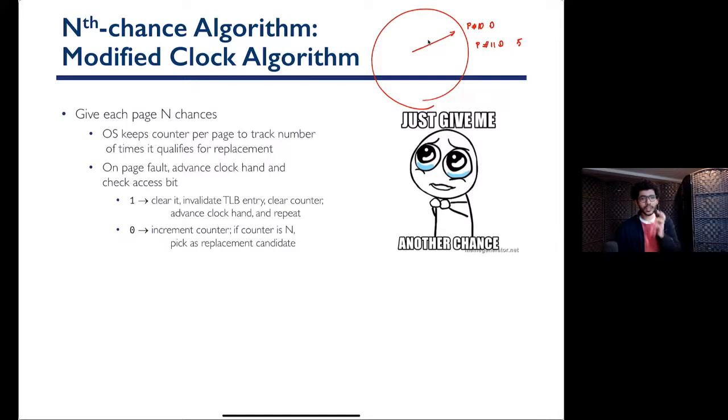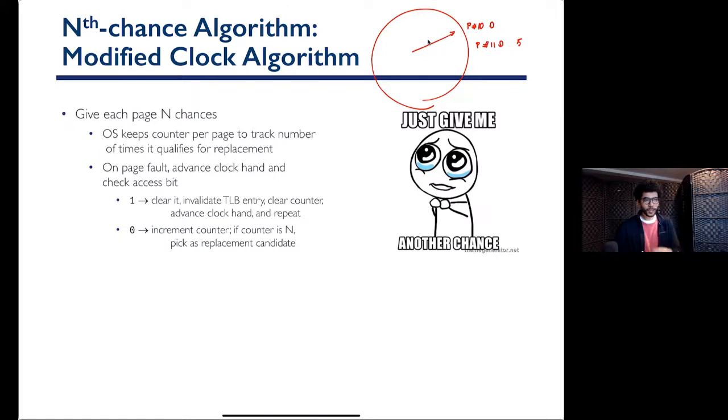So we set the access bit to 0, and then we go to the TLB and remove the translation that got cached. Now, next time that the process accesses that page, the translation is not cached in the TLB, so hardware has to do a page walk, and then hardware comes back and sets the access bit again to 1. So that's how we know that the page was accessed since the last time we visited this page.